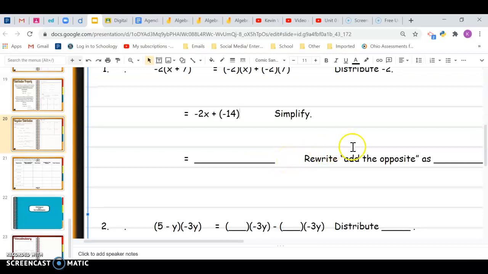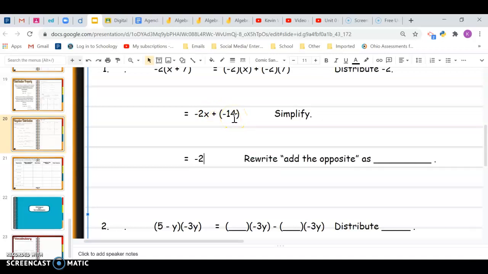Now, we want to rewrite this by adding the opposite. Since we have this plus minus thing going on, we want to get rid of that. It just looks messy. So we still have the negative 2x, but we're going to add the opposite of this. So what's the opposite of addition? Subtraction. And what's the opposite of this minus 14?